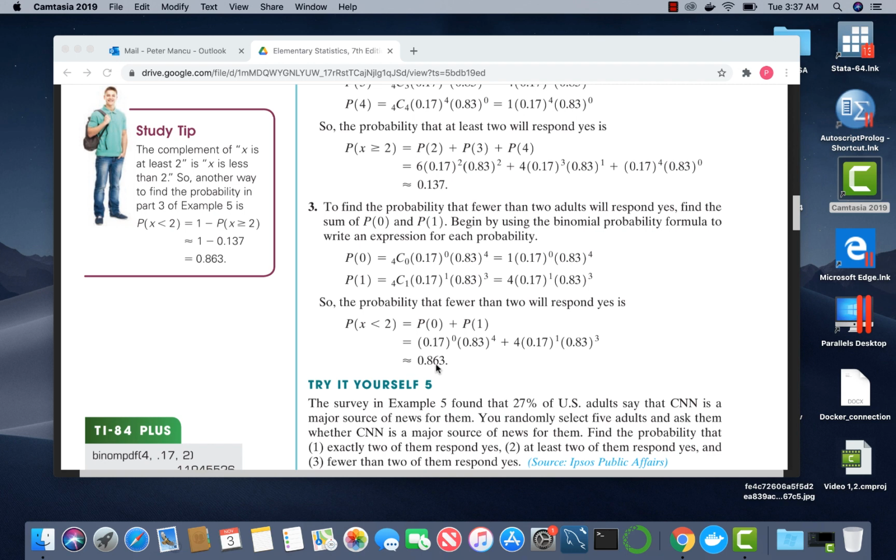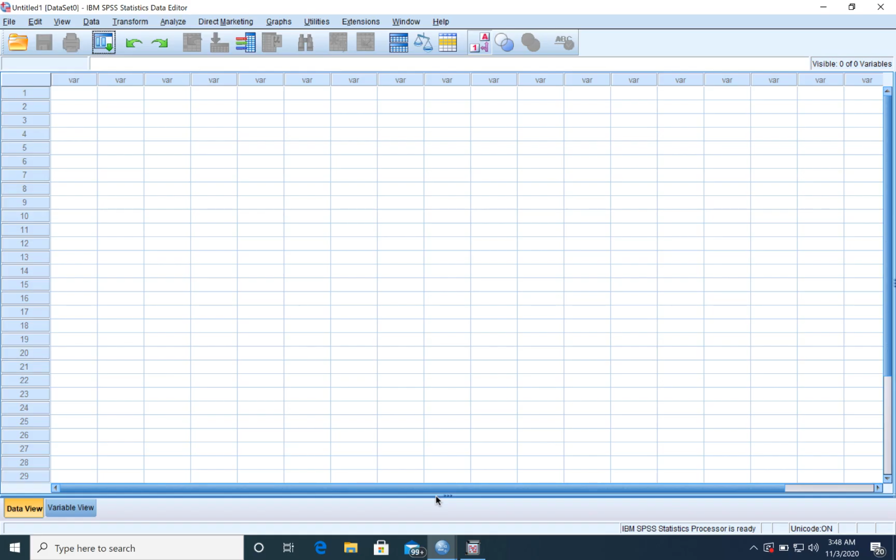Okay, now let's look at the same problem in SPSS. Alright, so here's the SPSS. We have a new data file here. What we need for this problem in SPSS, we have to input some data in order to use SPSS.